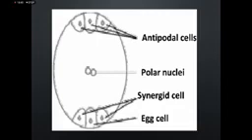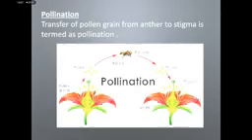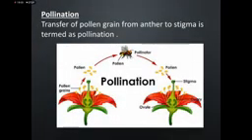So total cell counting: 3 at the chalazal end, 3 at the micropylar end, and 1 at the center. So 7 celled condition. So a typical embryo sac is 7 celled while 8 nucleated.